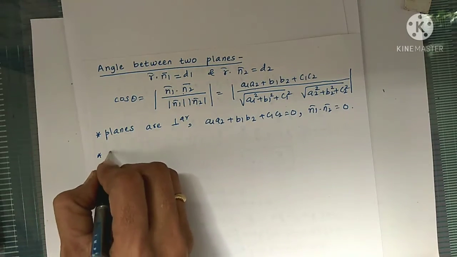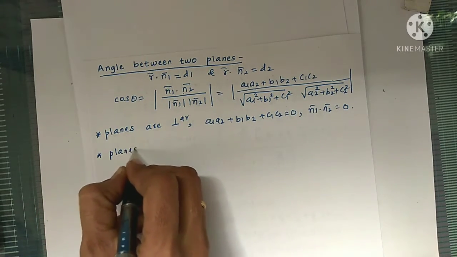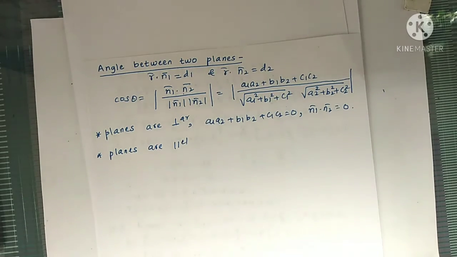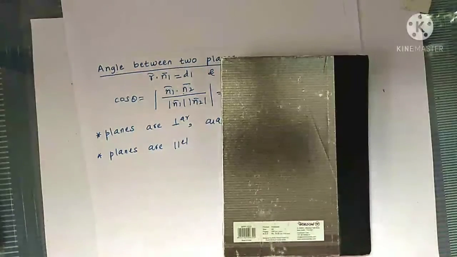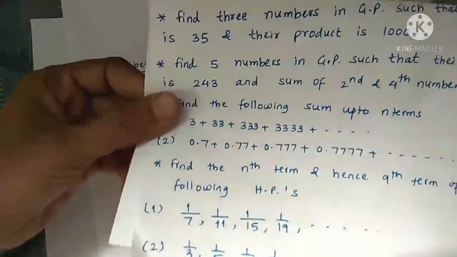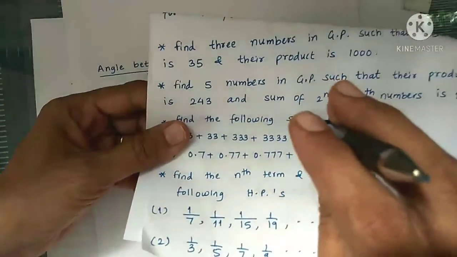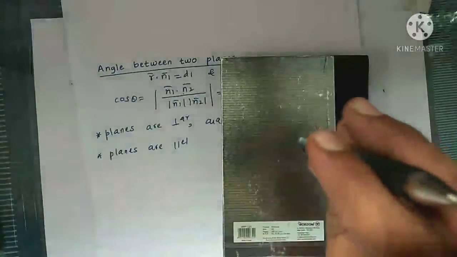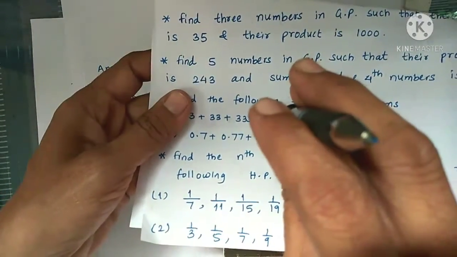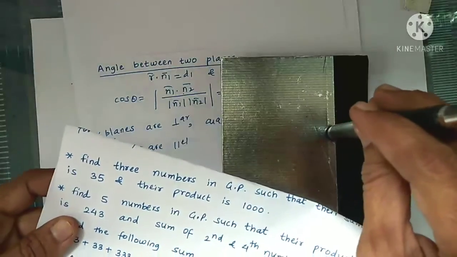Now if two planes are parallel, what happens? For example, if this is one plane and this is another plane parallel to this, then if I draw a perpendicular to this plane, it will be perpendicular to the other plane too. The normal to this plane is like this and the normal to this plane is like this.